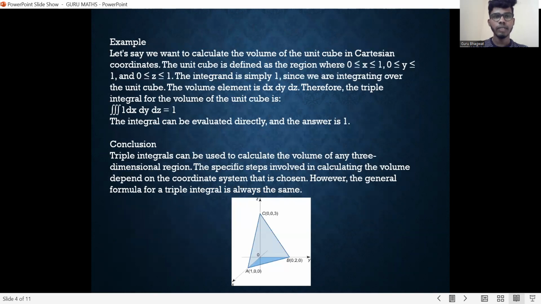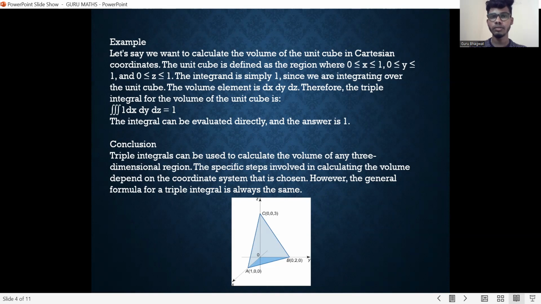And this is one example. Let's say we want to calculate the volume of the unit cube in Cartesian coordinates. The unit cube is defined as the region where 0 is less than or equal to x less than or equal to 1, 0 is less than or equal to y less than or equal to 1, and 0 is less than or equal to z less than or equal to 1. The integrand is simply 1, since we are integrating over the unit cube.